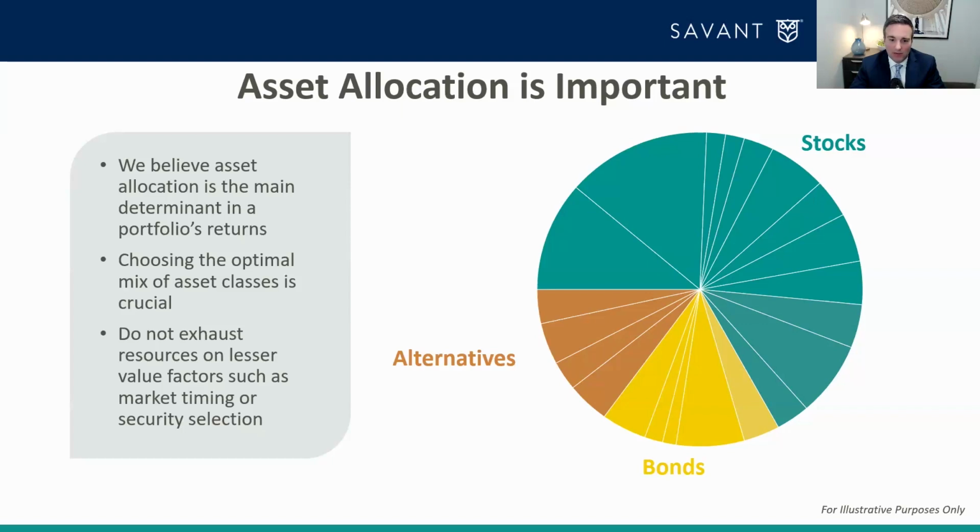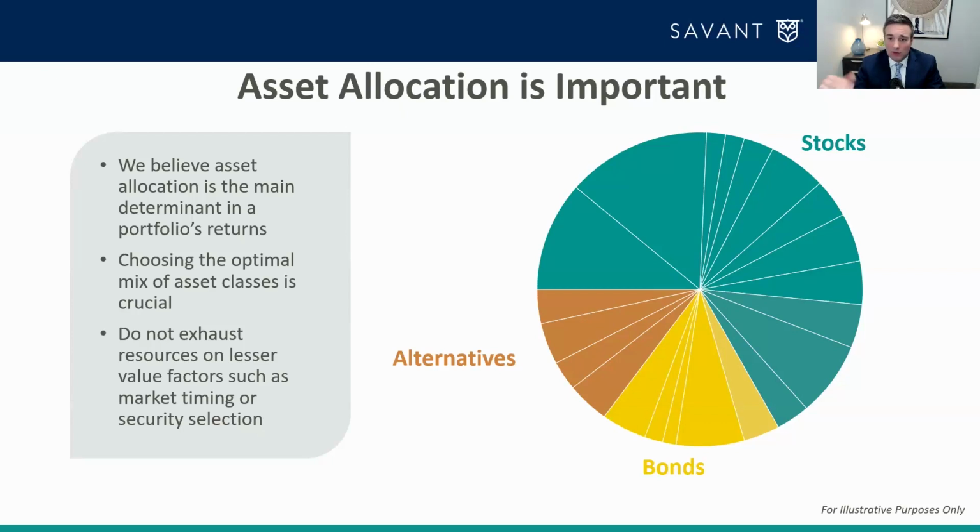You can see on the screen, we have three different buckets of major asset classes: stocks, equity in publicly traded companies, for example; bonds, fixed income instruments; and then alternatives, things like real estate, reinsurance, treasury inflation protected securities. And that mix of assets that you ultimately choose will have an impact on the overall volatility and expected return of your portfolio.